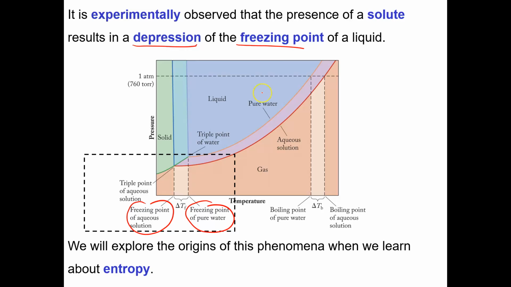We can see that we've got the line that separates the solid and the liquid, and in the case of the pure water, here's the line, the freezing point is greater than the position of the same line for the solution. And that is always the case. So freezing point gets depressed, whereas boiling point gets elevated.